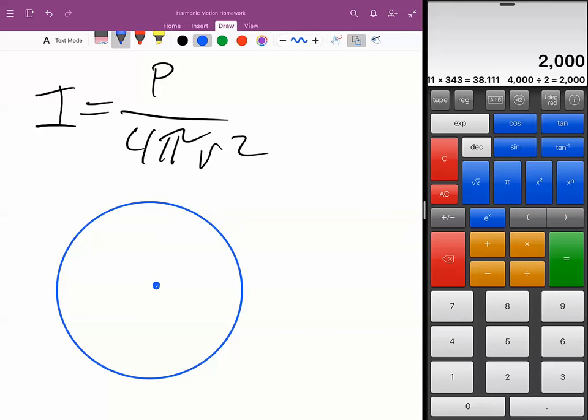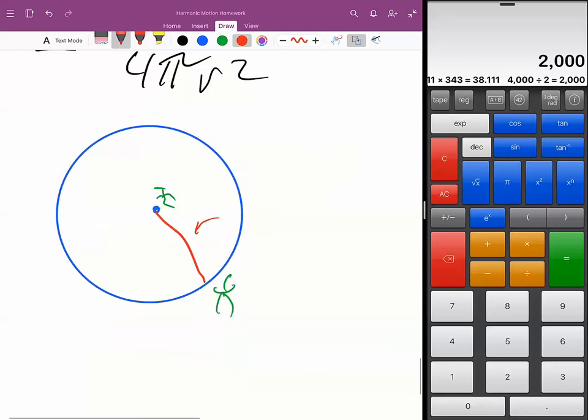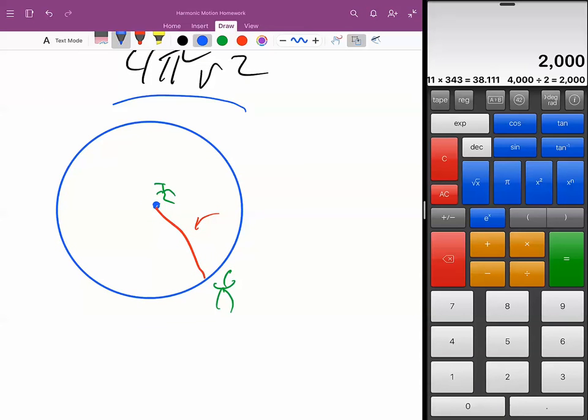As I said before, this could be a little stick figure bird, and then you have on the outside a person. The distance between the person and the bird is your r. The further away from the bird, the less intense the sound will be heard.